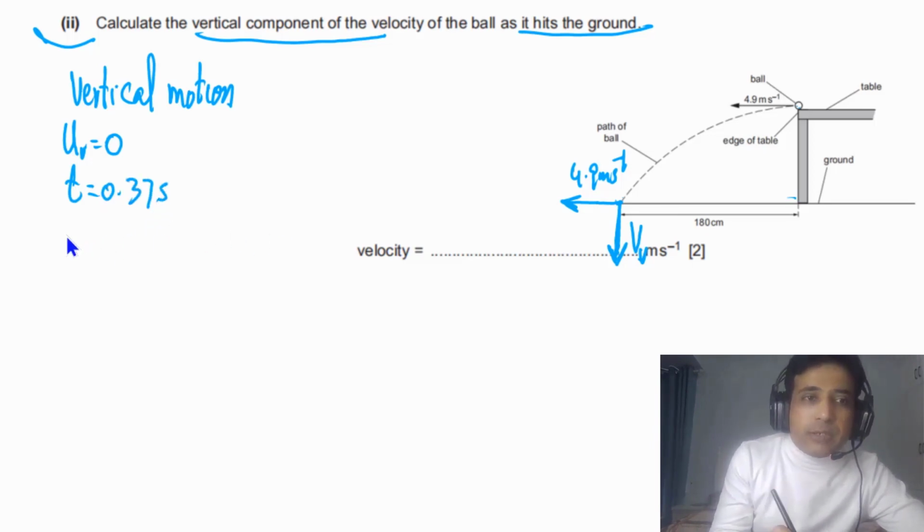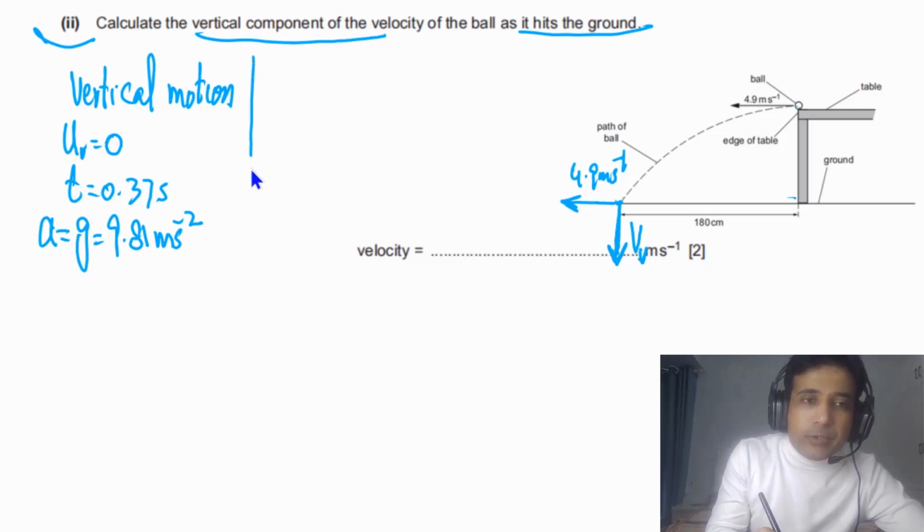Now the question is asking us to calculate the value of v, but in this case acceleration a is equal to g, and the value of g is equal to 9.81 meters per second squared. We need to calculate the value of v, meaning the final vertical velocity.